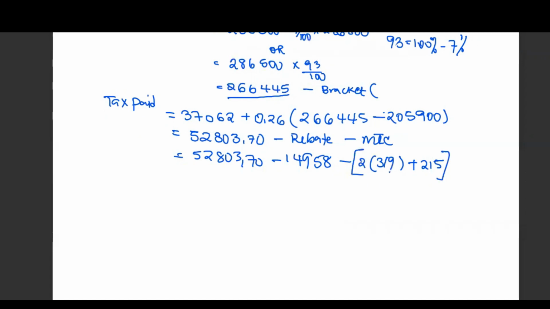Everything here has to be multiplied by 2, because there are two people, the first dependent and the other dependent. Please, the 12 is only multiplying this bracket here. Okay?